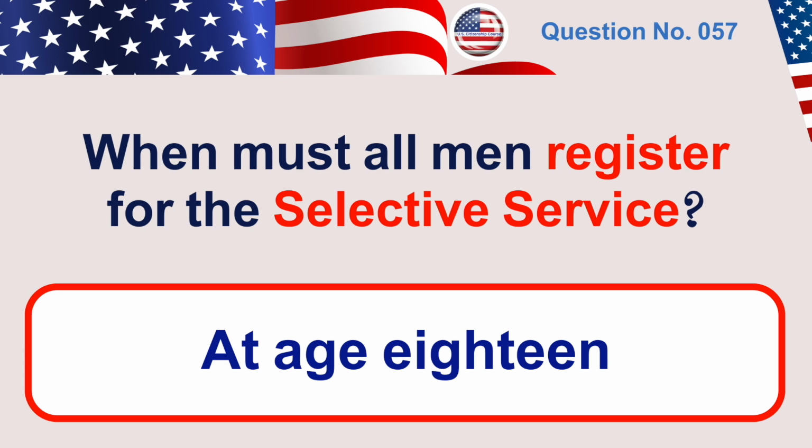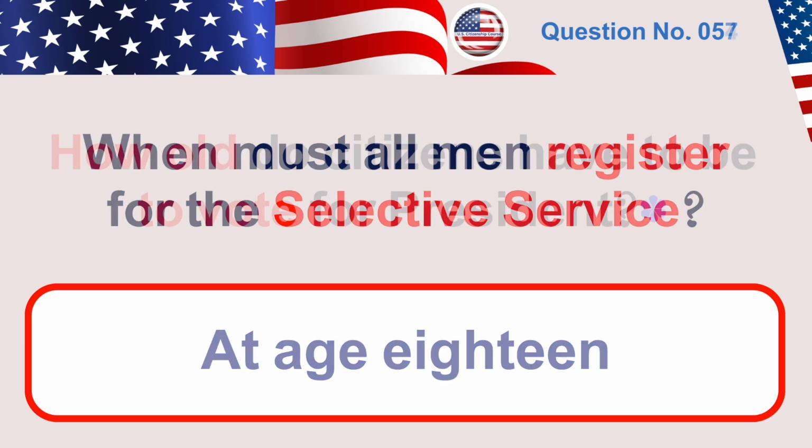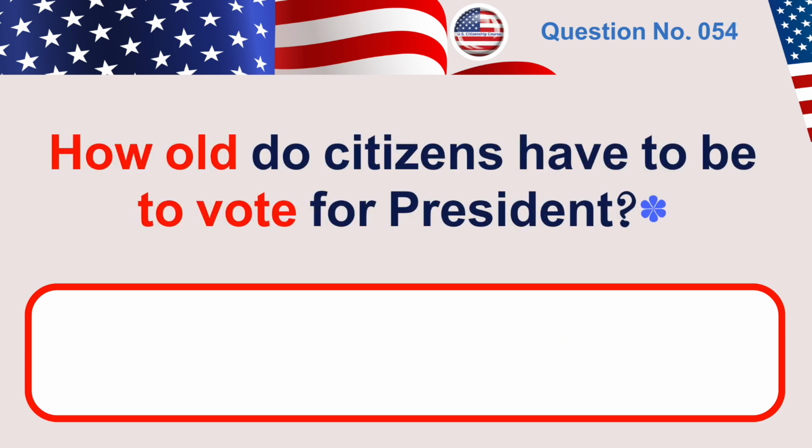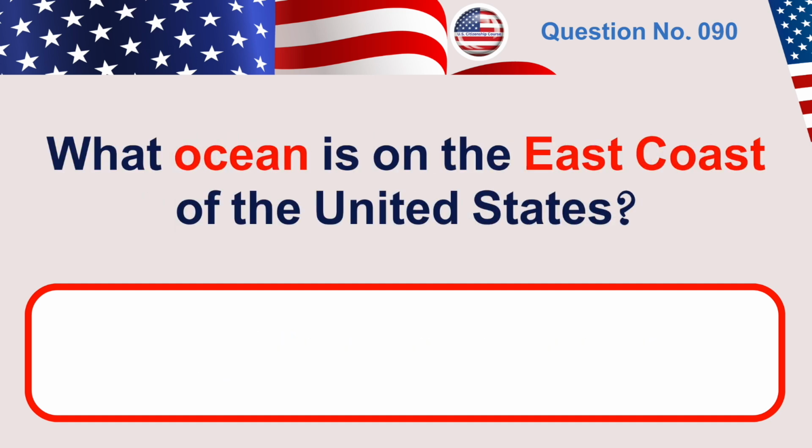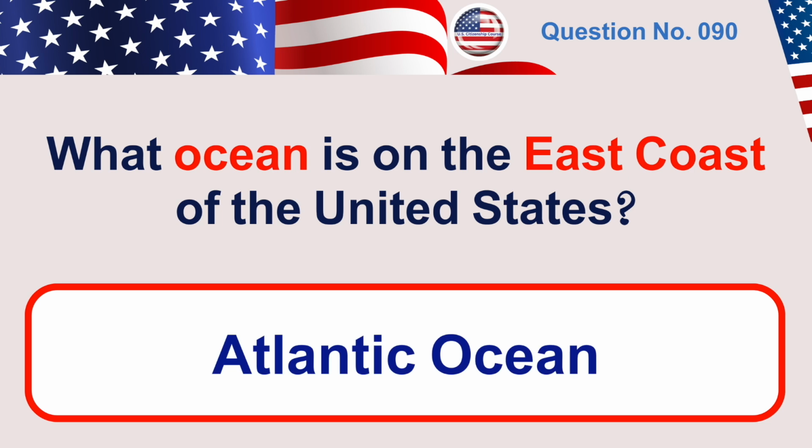At age 18. How old do citizens have to be to vote for president? 18 and older. What ocean is on the east coast of the United States? Atlantic Ocean.